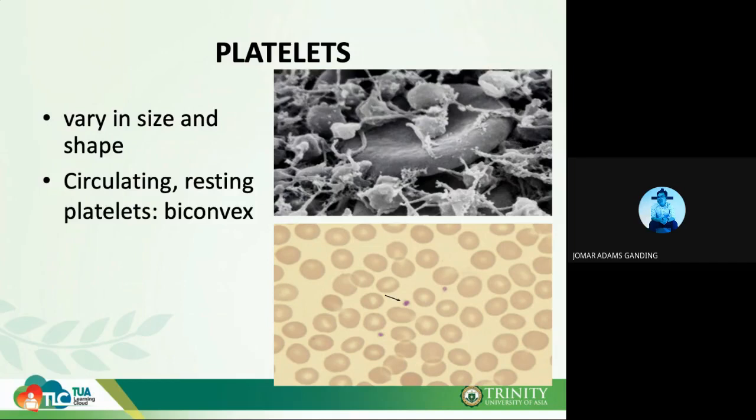But upon collecting blood in a purple top tube containing K2 EDTA, your platelets tend to round up.